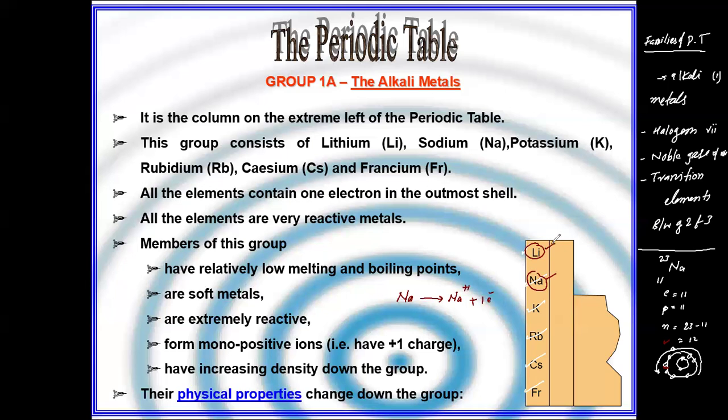Because the number of protons and neutrons in sodium is greater as compared to lithium. Sodium's atomic mass is 23, while that of lithium is only 7. That is why their density increases down the group. But they usually float, react, and vanish. We understand.